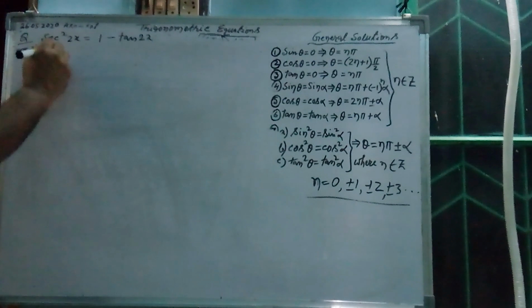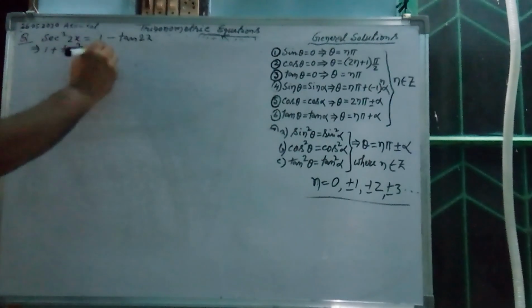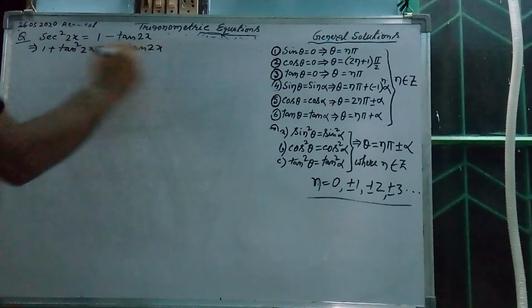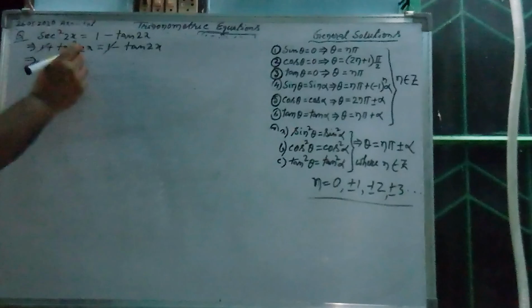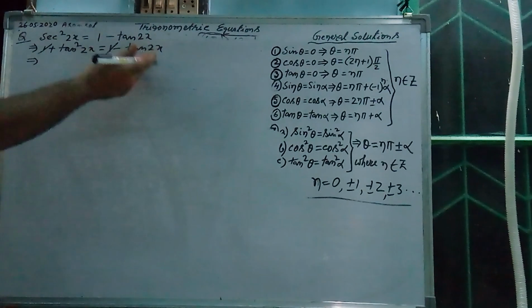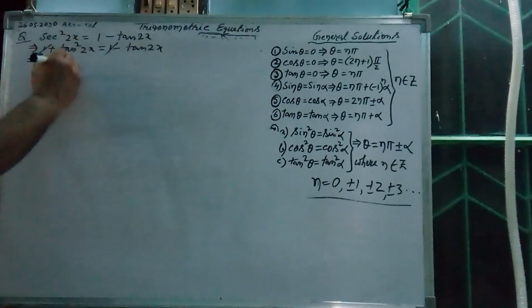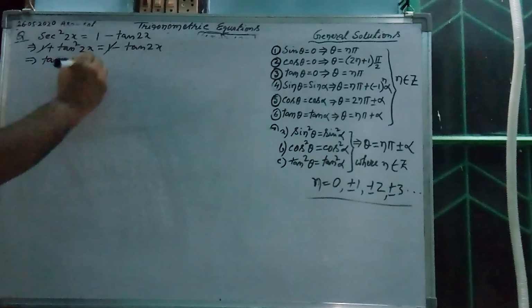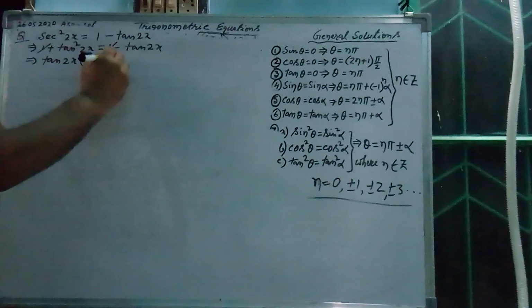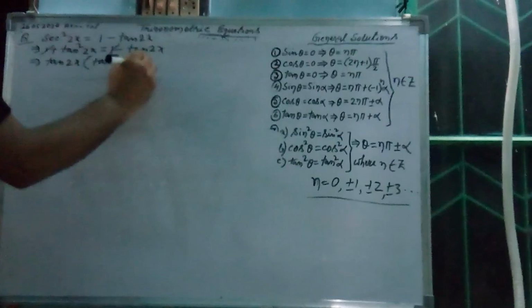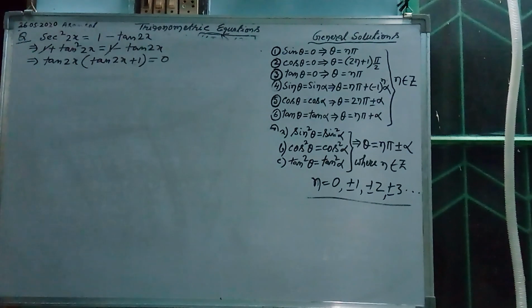This implies 1 plus tan square 2x is equal to 1 minus tan 2x. This 1 gets cancelled. This implies tan square 2x plus tan 2x equal to 0. So if we take tan 2x common, we get tan 2x into tan 2x plus 1 is equal to 0.